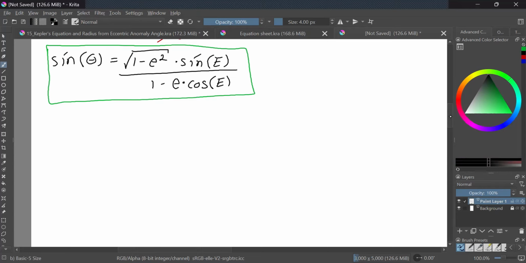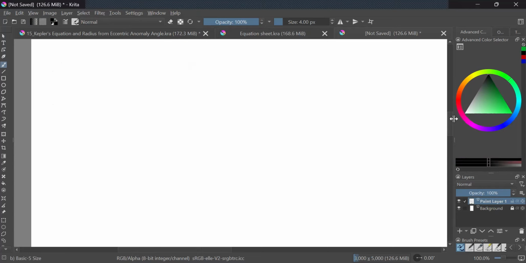So let's give us some more space. And one can reasonably assume that if we take the tangent of theta, we can have that be equal to sine of theta over the cosine of theta. Right?